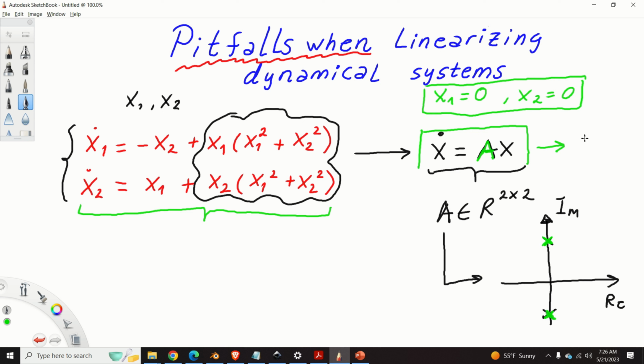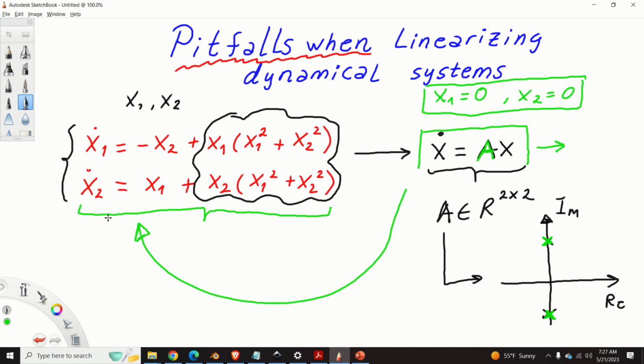Now, here comes the error and pitfall that inexperienced students, researchers, or even engineers often make. They reason like this. Since the equilibrium point of the linear system is stable, this means that the same equilibrium point of the original nonlinear system is stable.